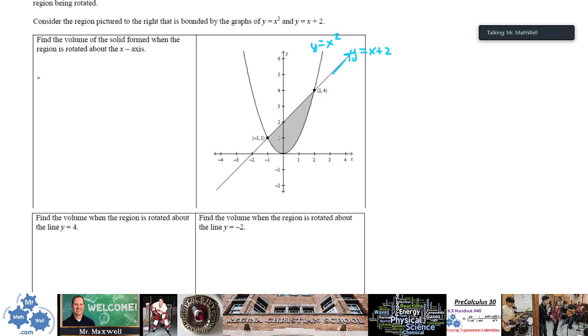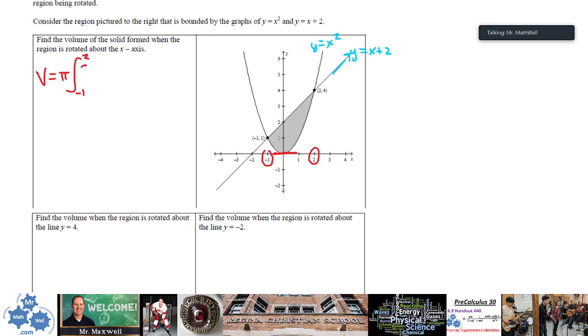So the volume is going to be represented by pi times the integral from, and on this diagram, thankfully, we do have the intersection points. So we've got to go from -1 all the way to the other x value of the intersection point, +2. So from -1 to 2. We want to include all of these disks. And again, we're going to use the function that's furthest away from the axis of rotation. So that's x plus 2.